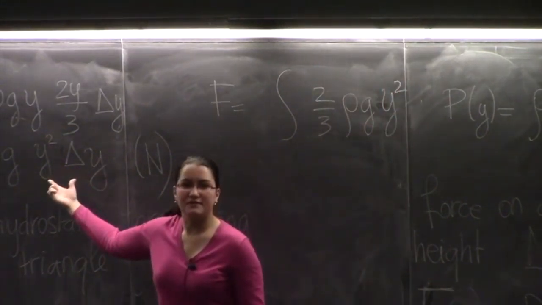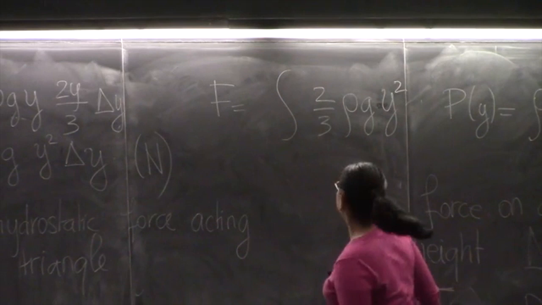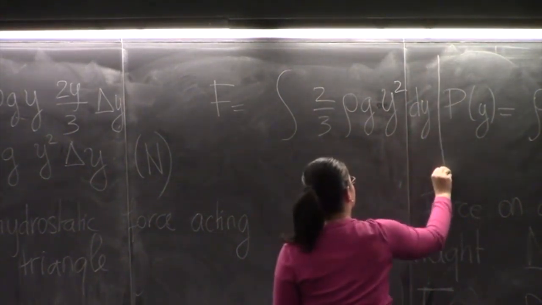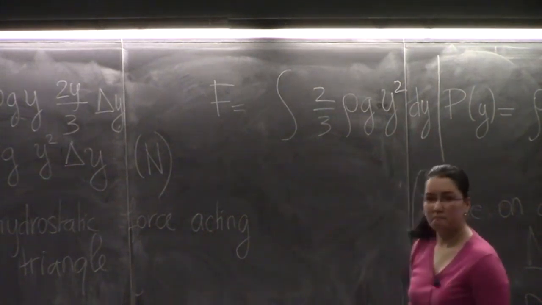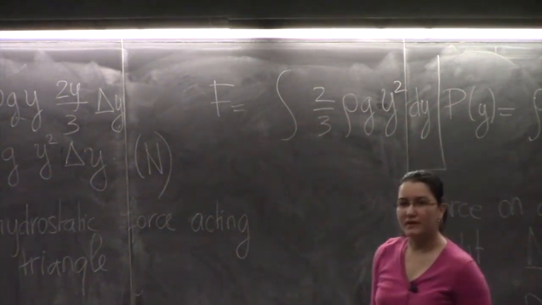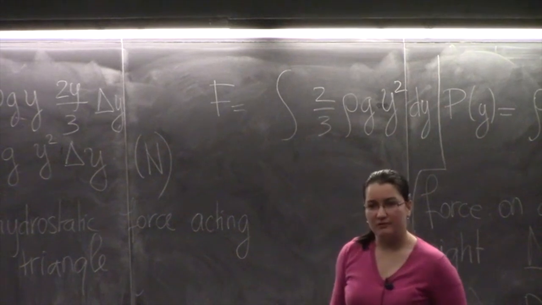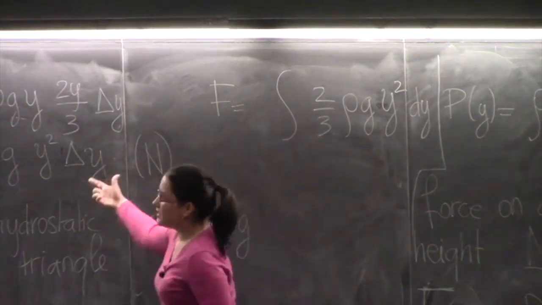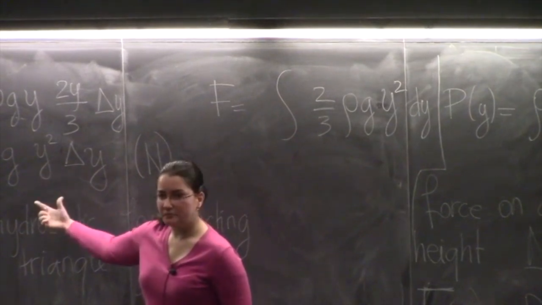And delta y is going to form the dy of the integral. Okay? And I will explain a little bit more on the formula right now. But this is exactly how the integral is formed.